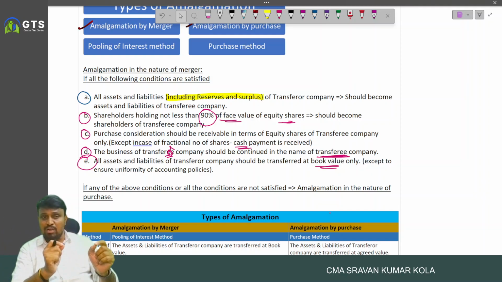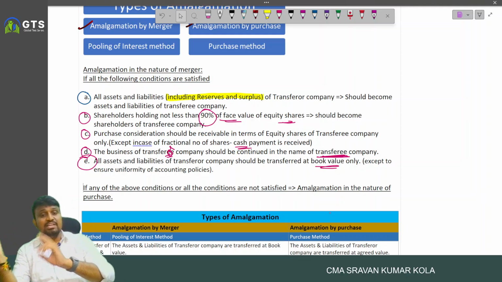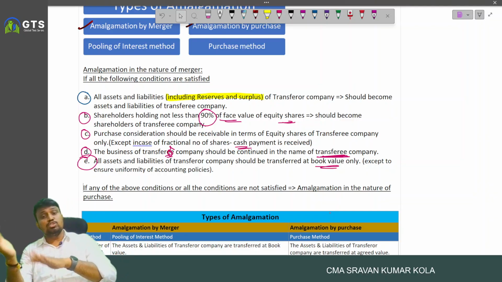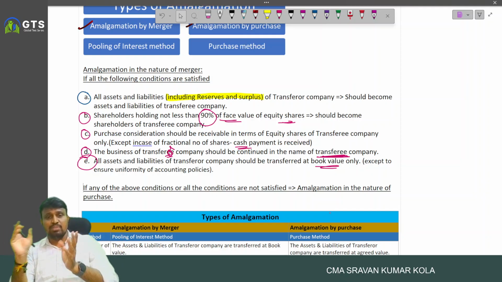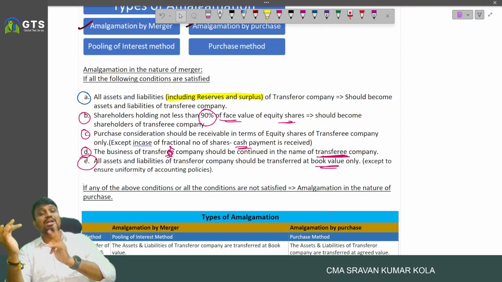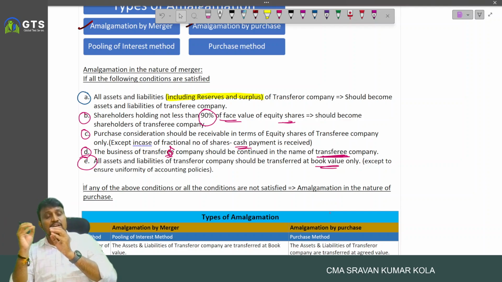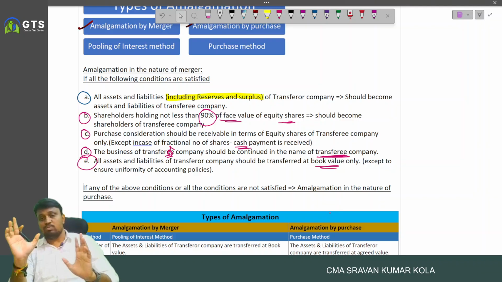If any fractional number of shares are there, the transferor company will get cash payment. Fourth, the business of transferor company should be continued in the name of transferee company. And the last one, all assets and liabilities of transferor company should be transferred to transferee company at their book value, unless, for example, any accounting policies are changed for bringing uniformity in accounting policy, in which case you may change the book value.